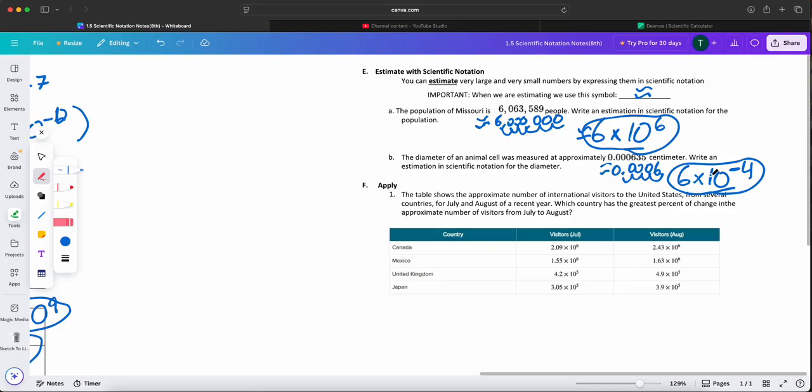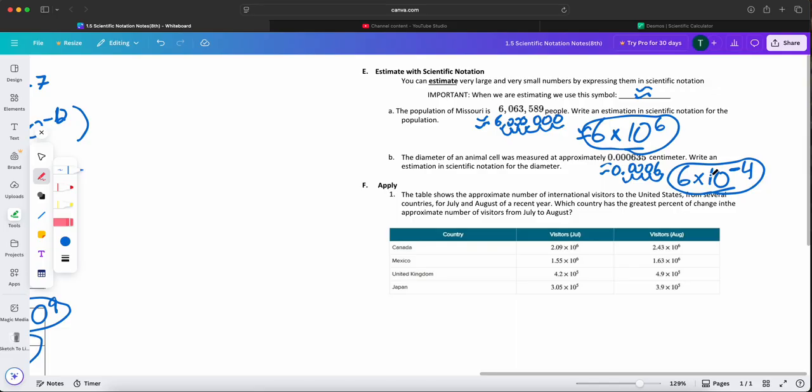If you look at Canada, Mexico, United Kingdom, Japan, they all have the same base of 10, so times 10 to the 6th or 5th, depending on which one you're looking at. We're going to ignore those and just focus on the numbers in front of those times 10s.